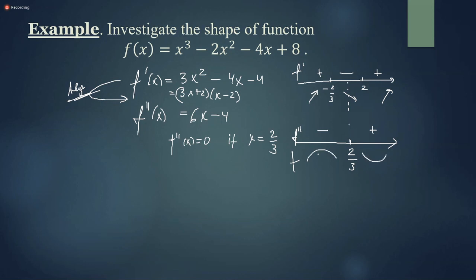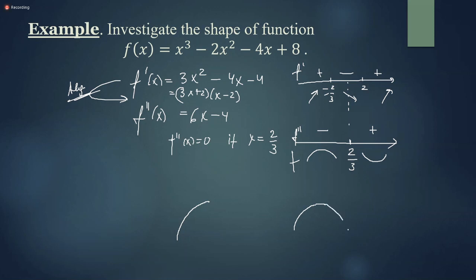And now you see what happens. You can understand what the graph might look like. I am not determining the other coordinates of the points on the graph, but you can understand that the function is increasing and concave down, reaches a maximum at minus 2/3, starts going down, and is still concave down.